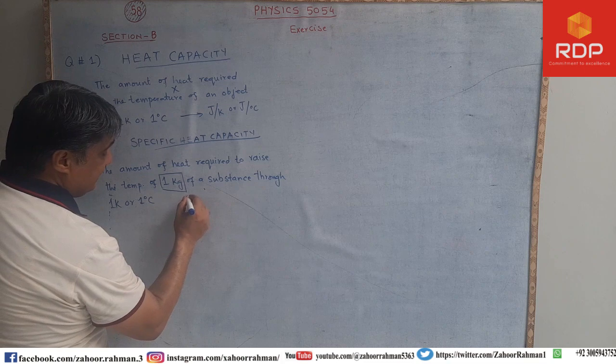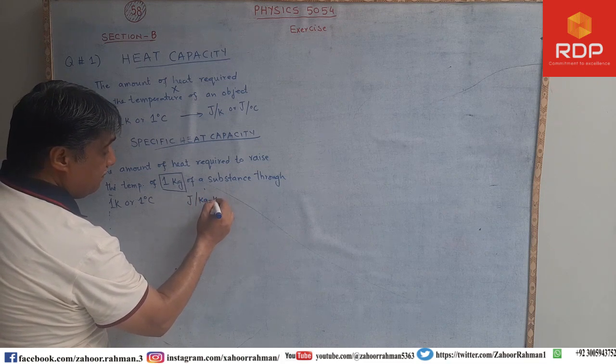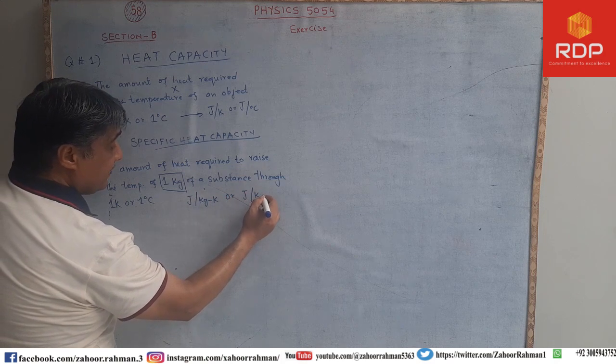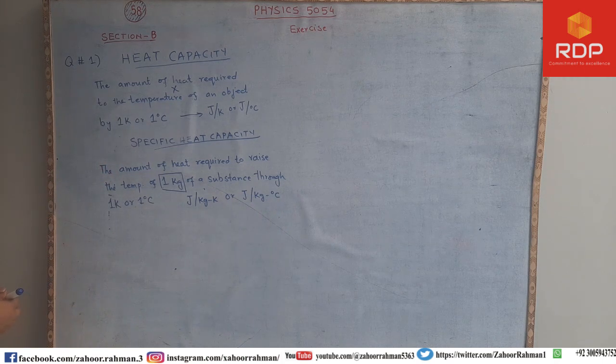While if the unit is joule per kilogram per Kelvin or joule per kilogram per degree Celsius, then we will understand that the question is talking about the specific heat capacity.